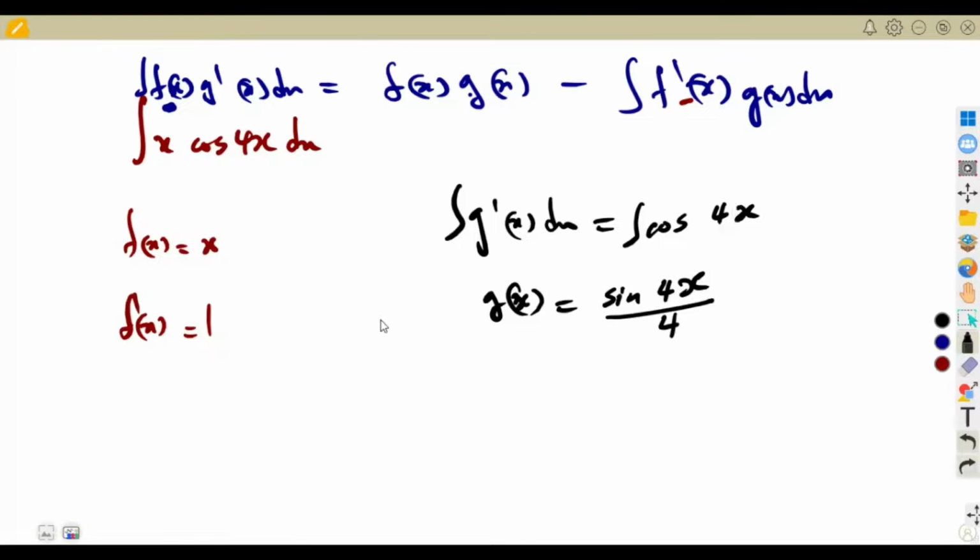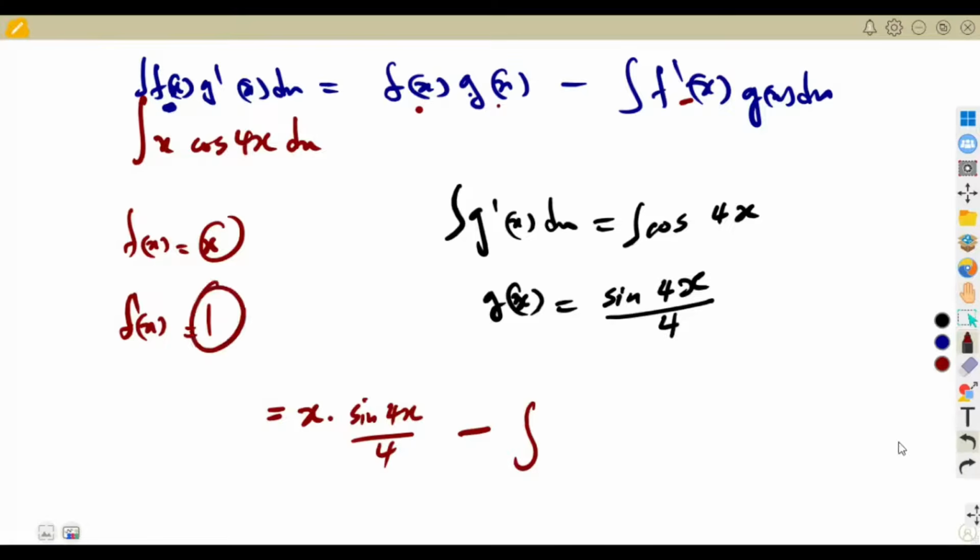So on the formula, the integral of x cos 4x is going to be given as f(x) times g(x), which is x times sine 4x over 4, minus the integral of the first derivative, which is 1, times g(x), which is sine 4x over 4, with respect to x.